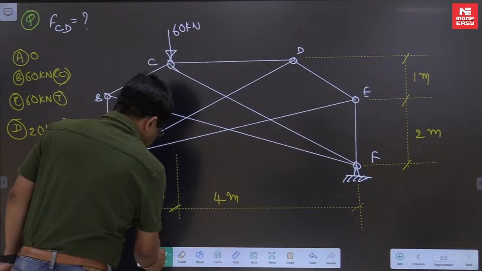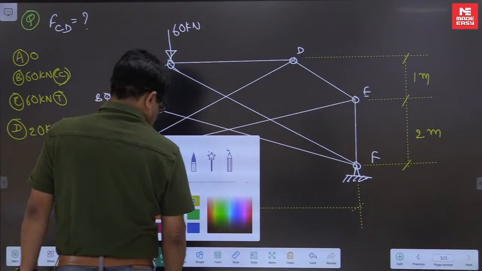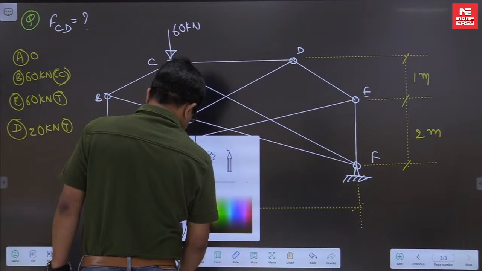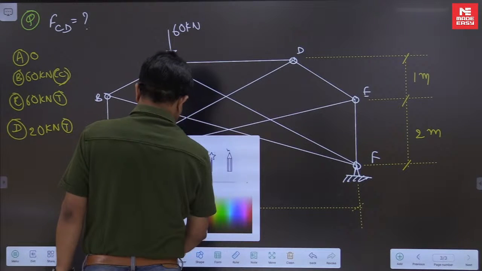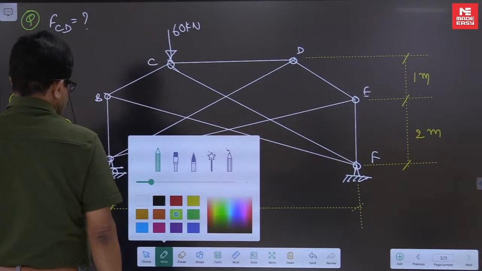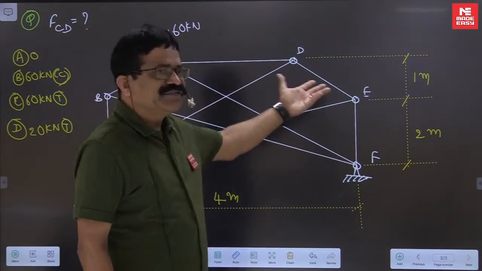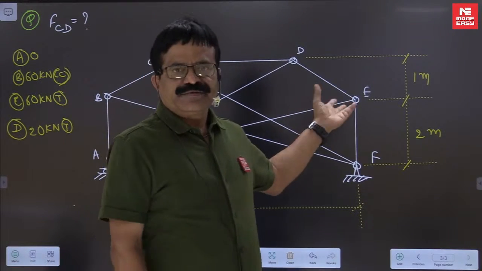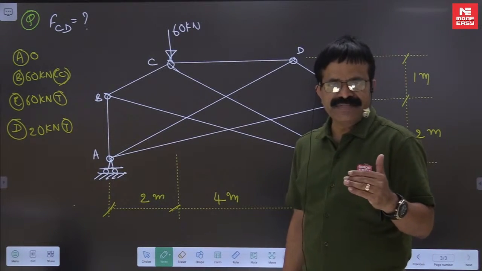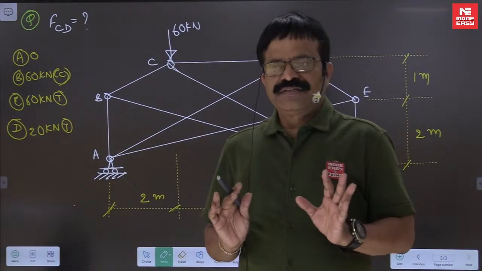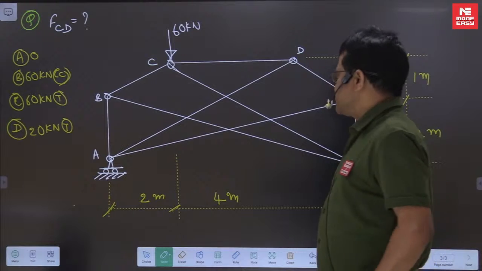In such cases, what we do is, first we try the method of joints and the method of sections in their direct form. As we have learned, don't cut more than 3 members. If you have to cut more than 3 members, the unwanted members should meet at one point or they should not come into the picture. That's what we have studied in the method of sections.